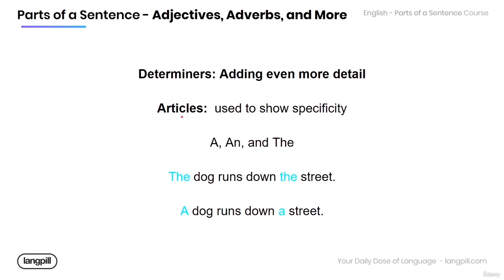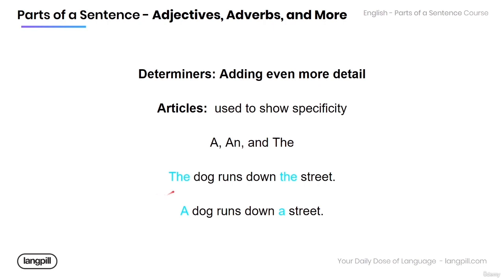Articles in English, very important. If you want to sound like a native English speaker or someone who grew up speaking English, you need to make sure you are using articles. The number one sign that someone is not a native English speaker is they don't use articles when they speak. It's a dead giveaway every time.